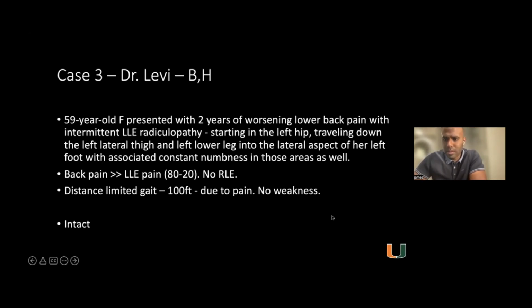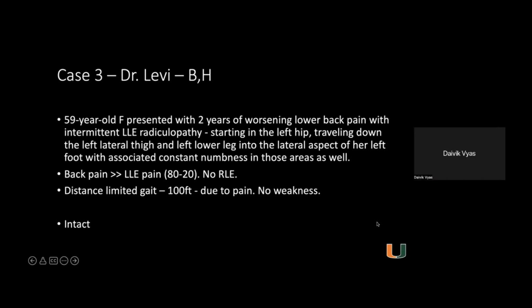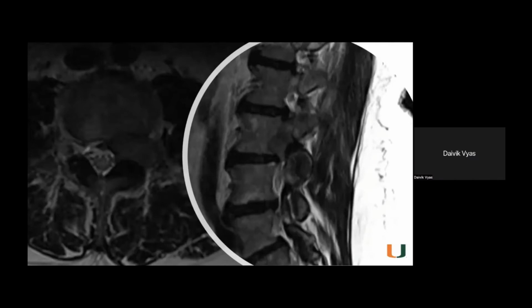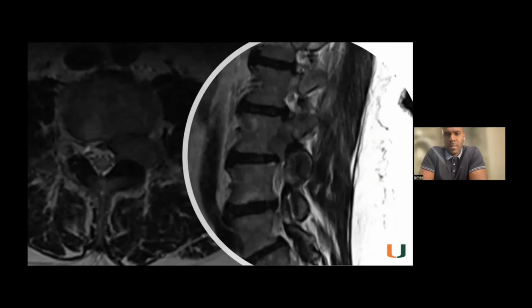So we have Davik, you're on? Yeah, I'm here. All right, perfect. This is all you. So here's the MRI. Tell me what you're seeing, sequences, cuts. On the left side you're looking at a T2 axial sequence that demonstrates a T2 hypointense lesion on the left side encroaching through the foramen, which would be causing root compression.